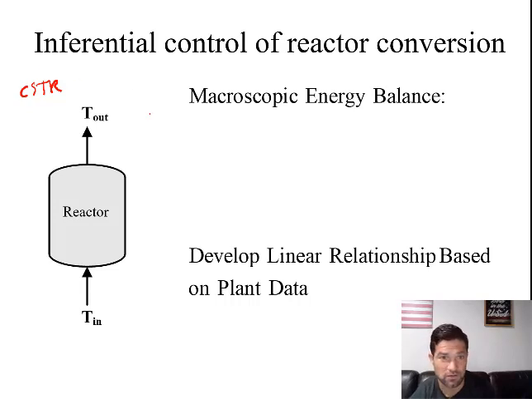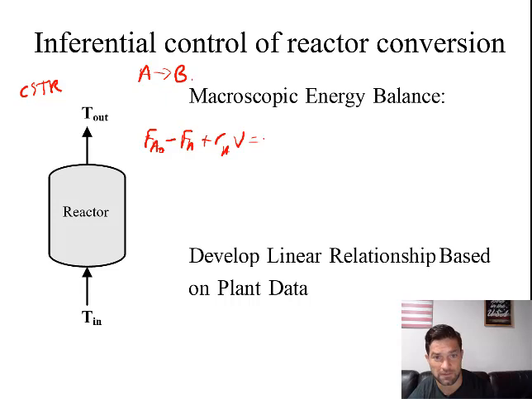Okay, if we use our general material balance for this system, we'll consider the reaction of A goes to B. Simple reaction, stoichiometric equivalence. We know from the mole balance, the flow of A in, FA0 minus FA plus RAV equals 0.